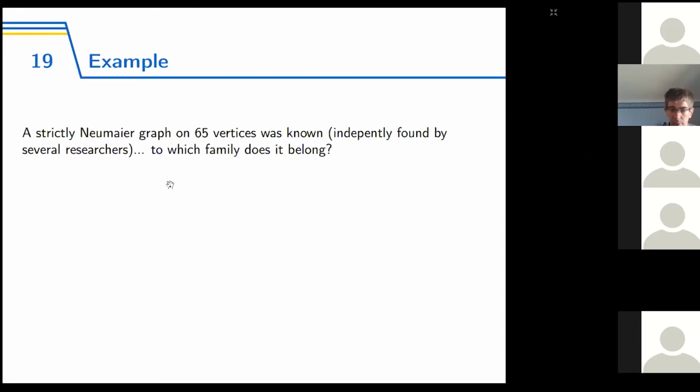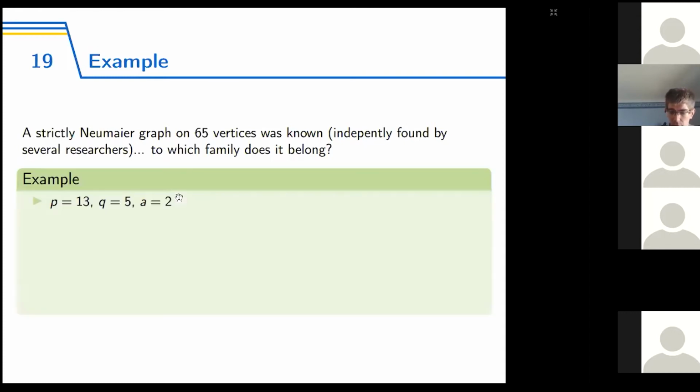And let me deconstruct for you this graph on 65 vertices in a way that will show you how you can extend this. So 65, as you know, happens to be 5 times 13. 13 is prime. 5 is also prime, but we will see that it is sufficient for 5 to be odd, and that it doesn't have to be prime.